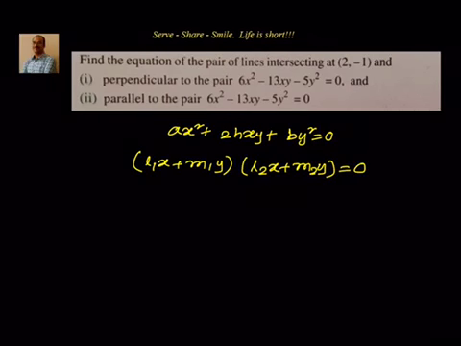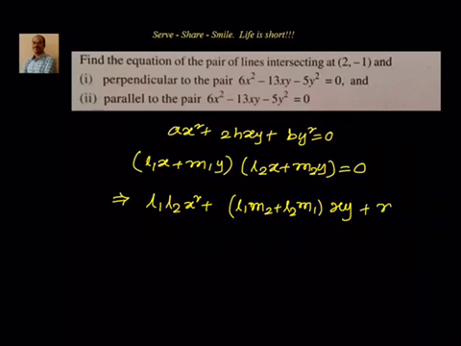Let's multiply so that we can compare the coefficients. We'll have L1 L2 x square plus L1 M2 plus L2 M1 into xy plus M1 M2 y square is equal to 0.